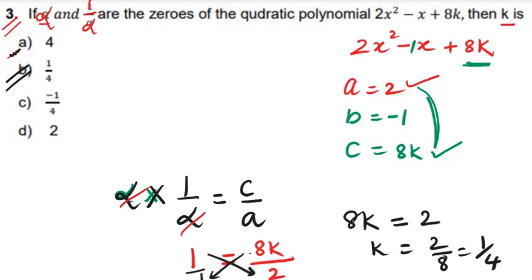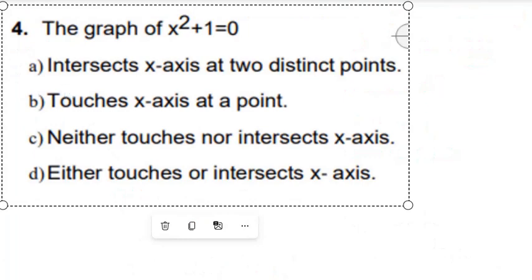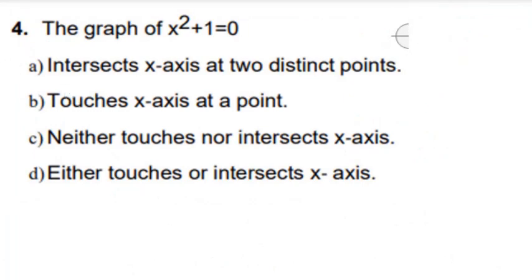Let's do the fourth part. Question number 4: the graph of x square plus 1 equal to 0. There are four options: intersects x-axis at two distinct points, touches x-axis at a point, neither touches nor intersects x-axis, either touches or intersects x-axis.